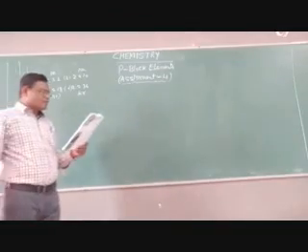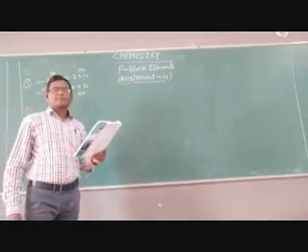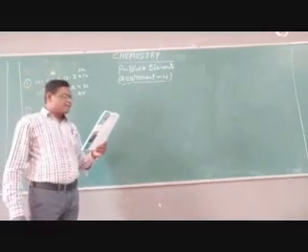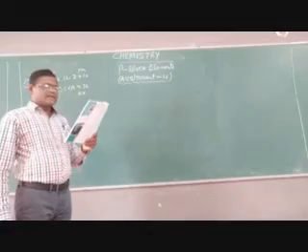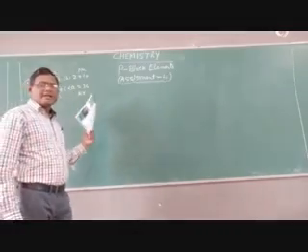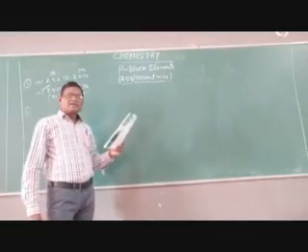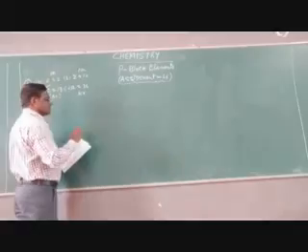In a period, which group elements possess highest ionization enthalpy? Here it is asking, in a period, which group elements? In a period means it can take any period. You know, left to right ionization potentials increase in periods.